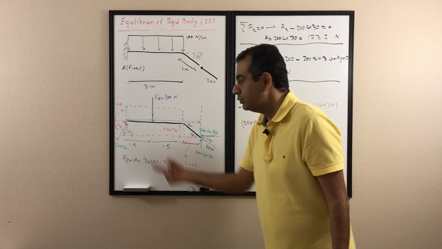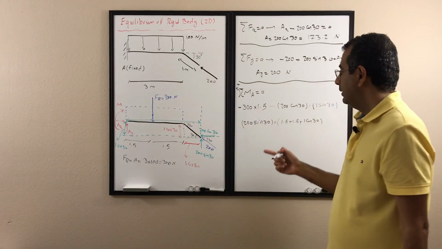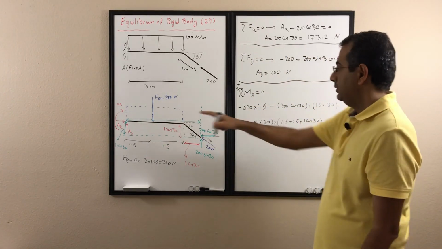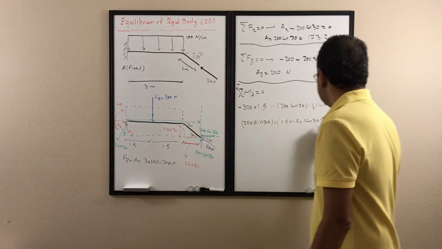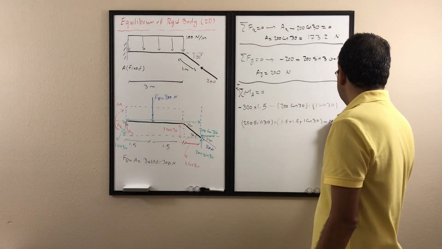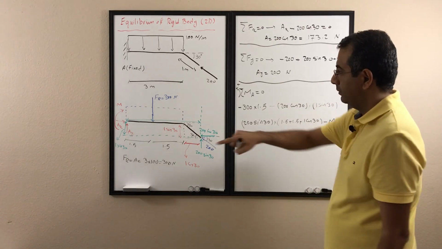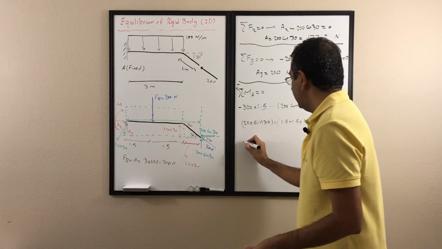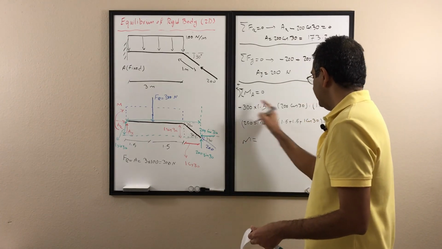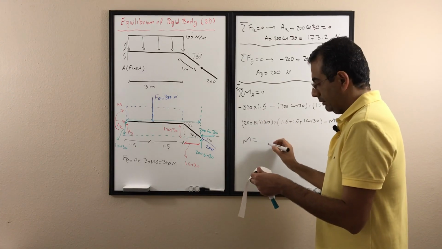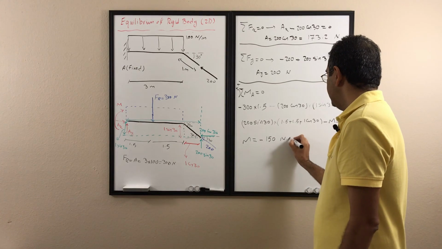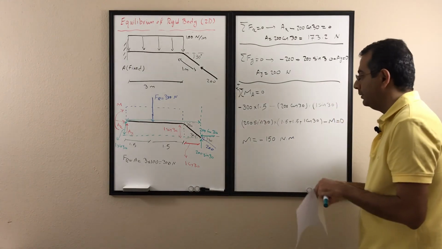Ax and Ay pass through the point, so they don't have any moment, and the only one left is the M. The M I drew clockwise, so it's going to be negative M, and the sum is 0. If I solve this equation, it's going to give me minus 150 Newton meter. So I get minus 150 Newton meter for M.